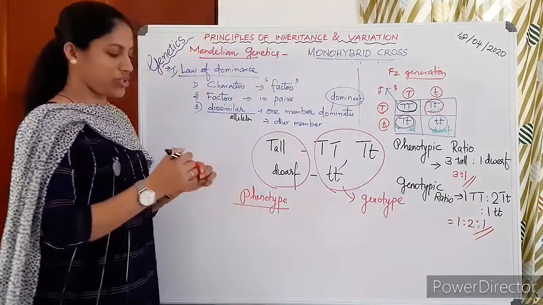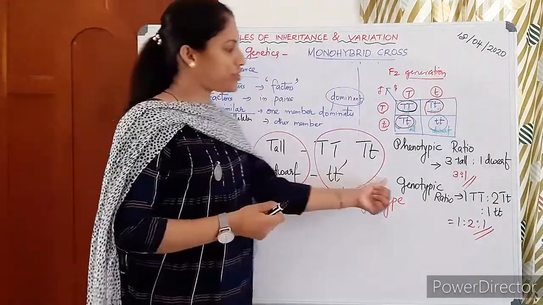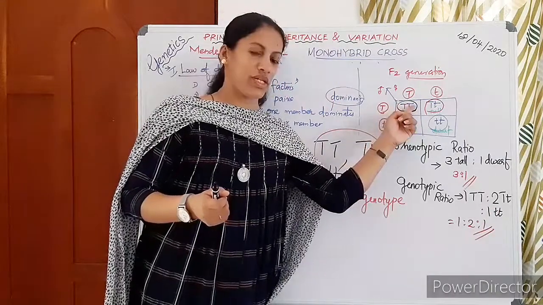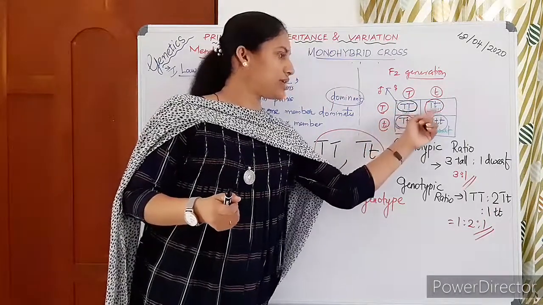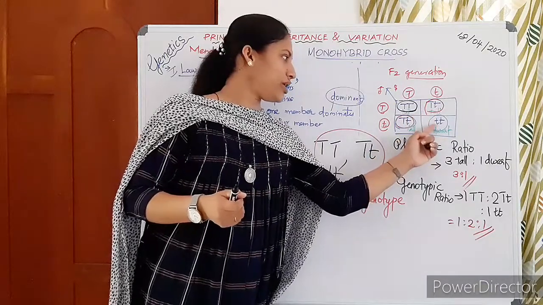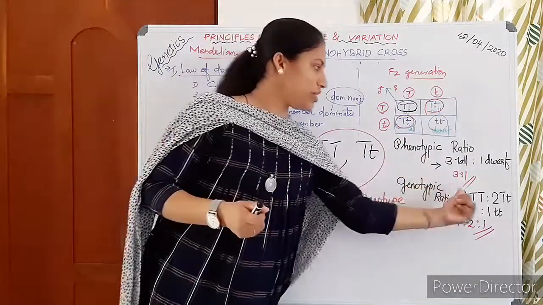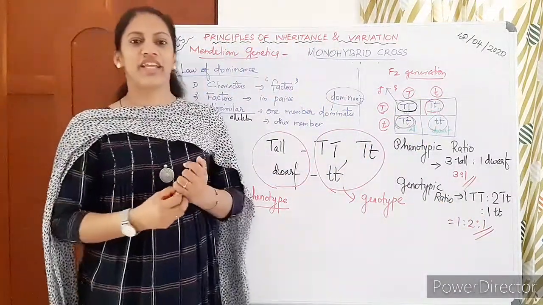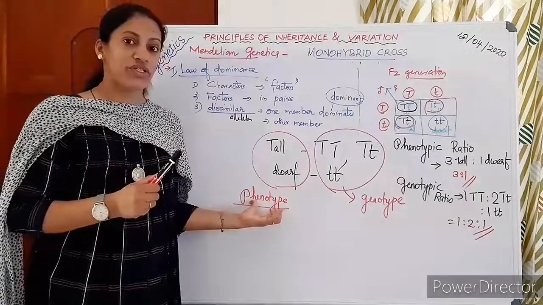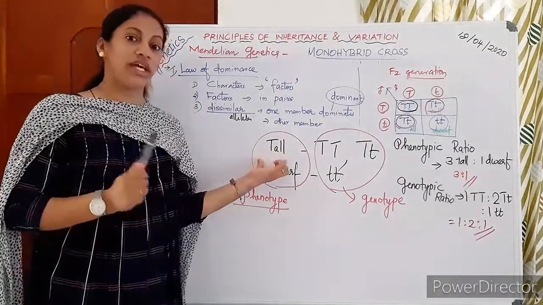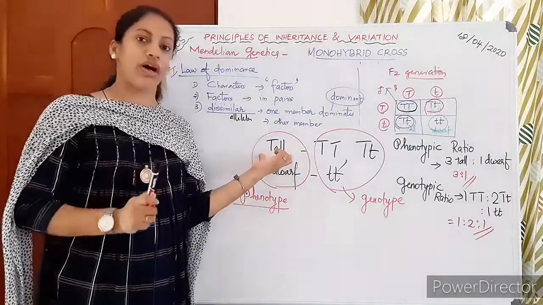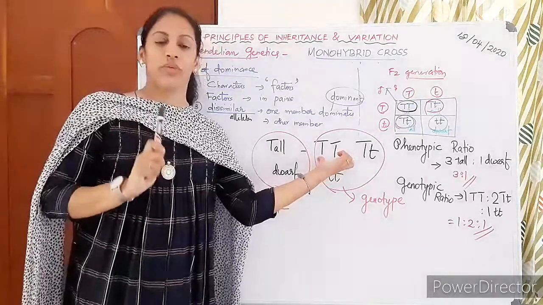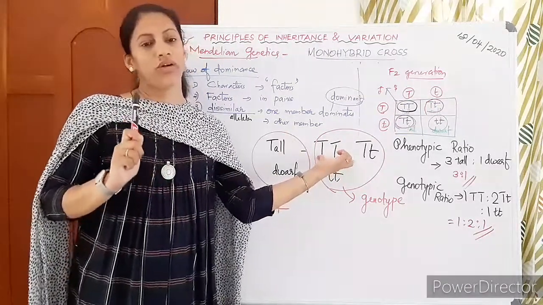The genotypic ratio of monohybrid F2 is 1:2:1. I think it is clear. Phenotype refers to the morphological expression, how the traits are expressed. Genotype refers to the genetic makeup, how the allele combination is.